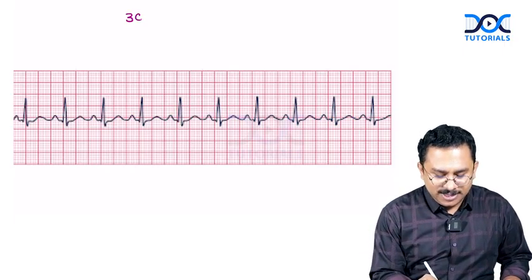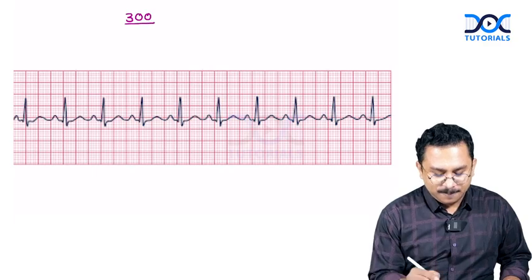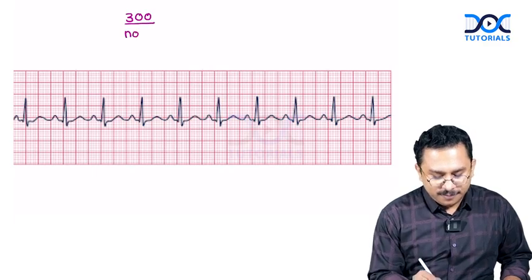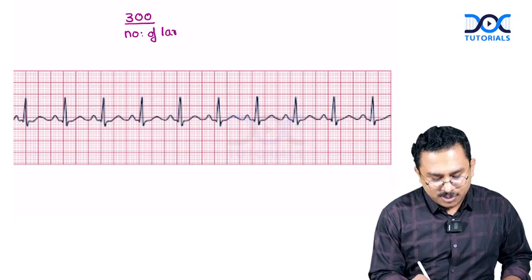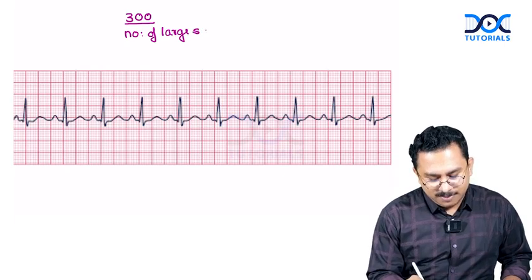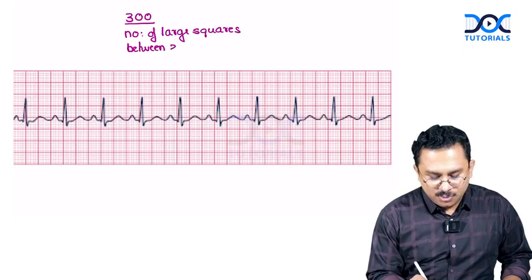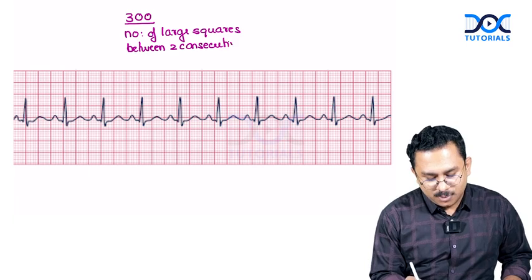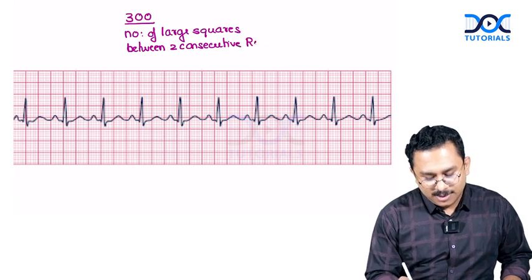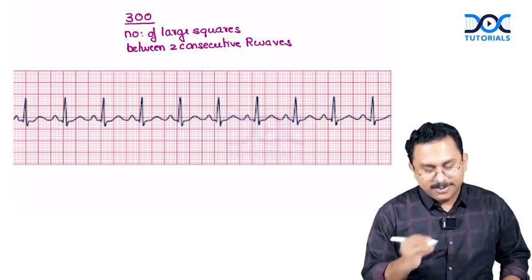It is 300 divided by number of large squares between two consecutive R waves. Right?